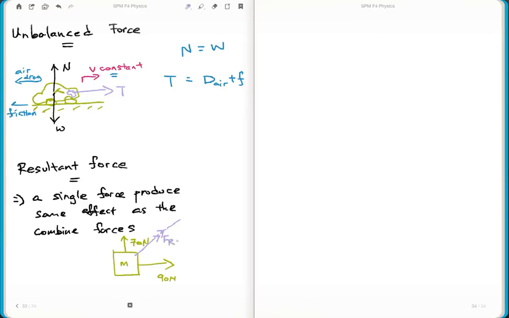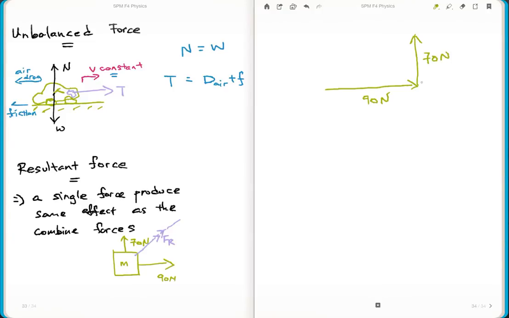Resultant R, maybe. And this resultant force can be calculated using the Pythagoras theorem. How do I get the FR? All you need to do is first draw this 90 Newton force, which should be longer. Then you connect tip to tail: this is the tip of the arrow, connected to the tail of the 70, which should be slightly shorter than 90 Newton.